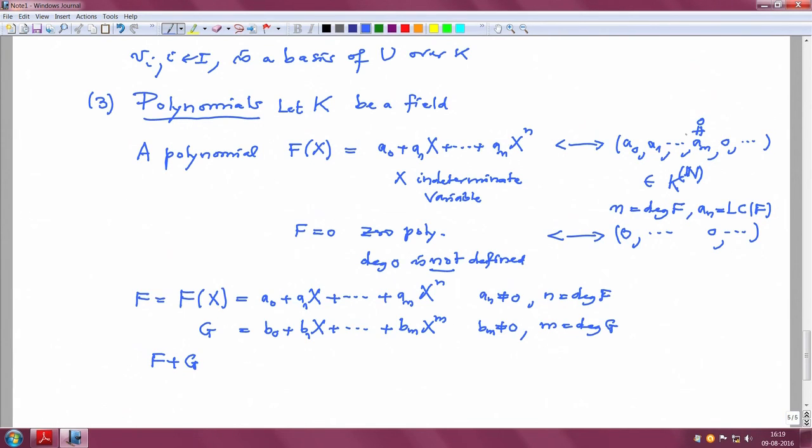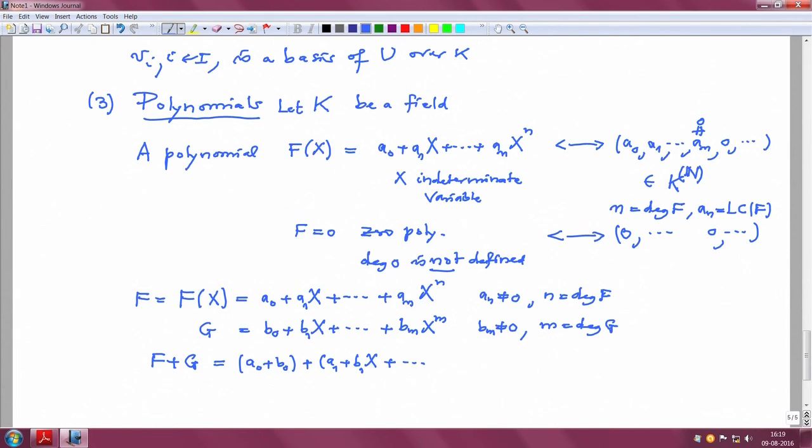Add it component wise and put the corresponding coefficient. So this is (a0 plus b0) plus (a1 plus b1)x and so on. So it will depend on whether m is smaller or bigger and so on.